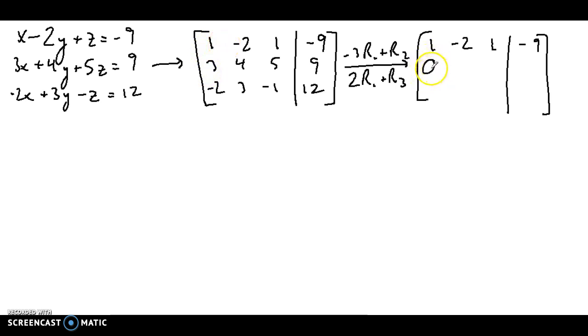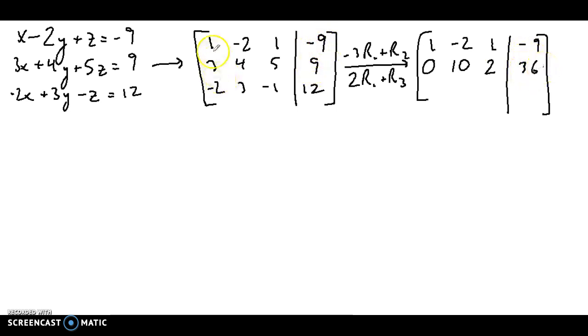In the matrix, we do have to include the zeros. -3 times -2 is +6, so 4 plus 6 is 10. -3 times 1 is -3. 5 minus 3 is 2. -3 times -9 is +27, so 9 plus 27 is 36.